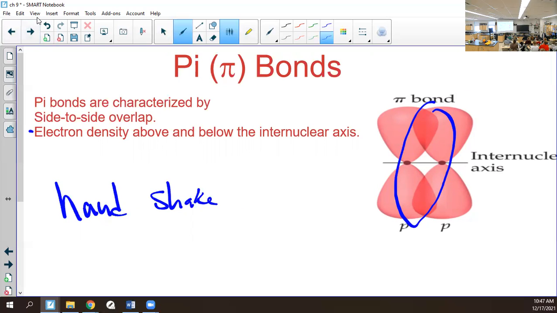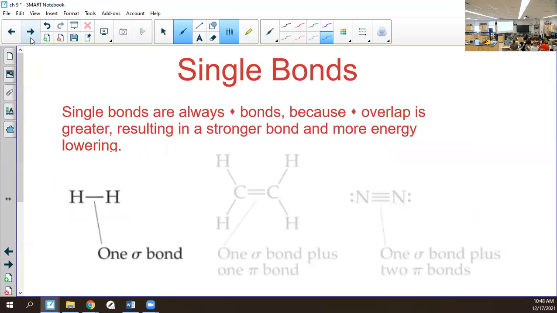Are pi bonds double bonds? Oh, why don't we go to the next slide? So yes. Well, kind of. I love how straightforward chemistry is. We'll get there in the next slide. Single bonds are always sigma.